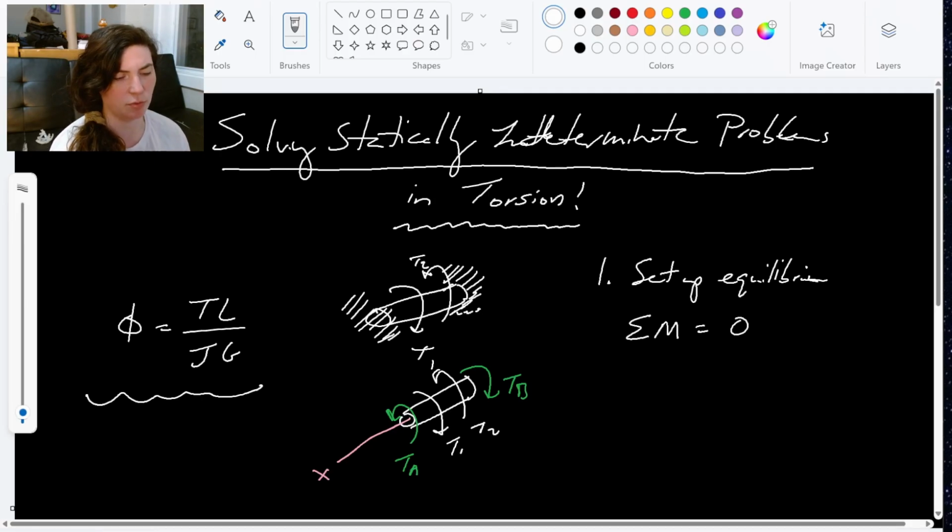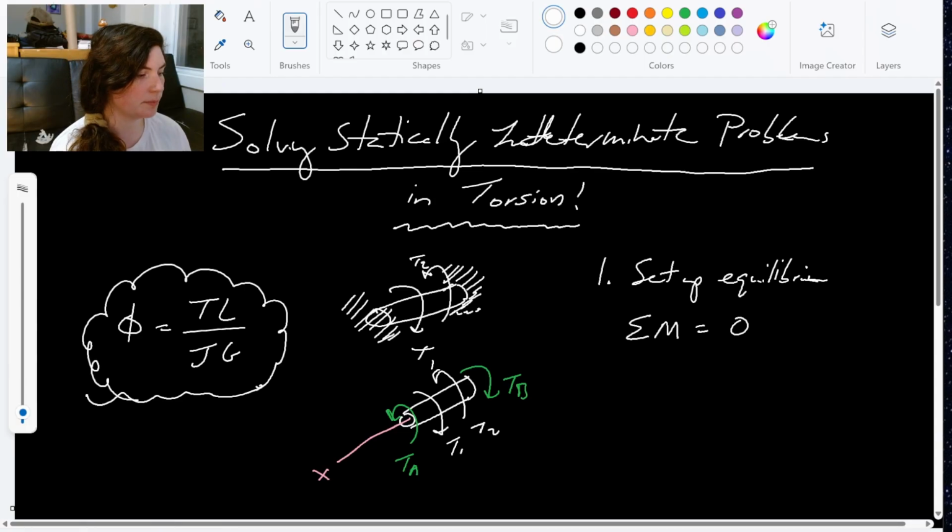So instead of the Fy, Fx forces, we're just looking at this moment. So we only have one known equation, but we have two unknowns for this fixed between the wall. We would need to come up with some other equation, and that's where our angle of twist really comes in.